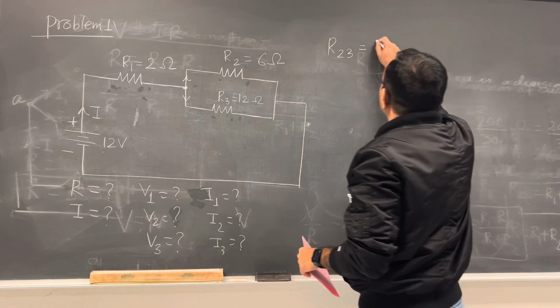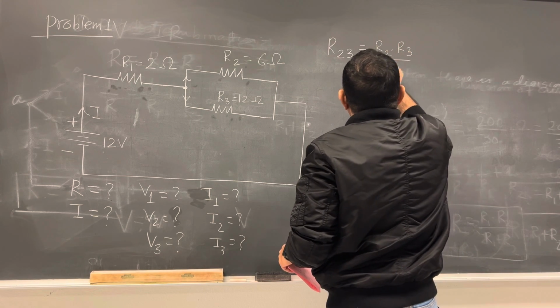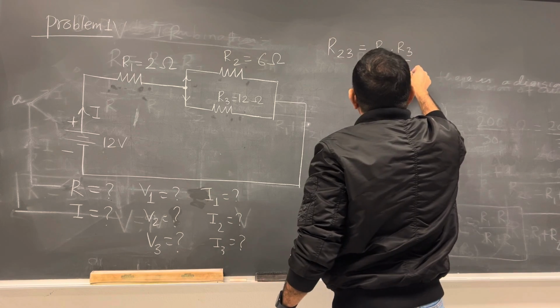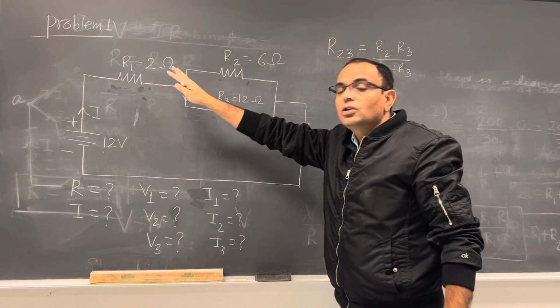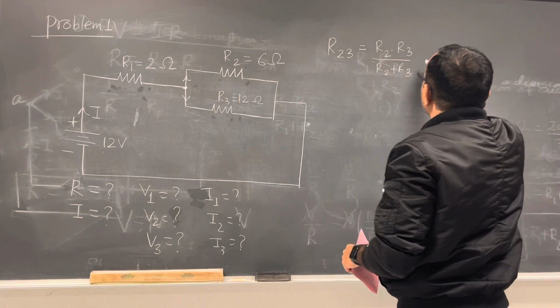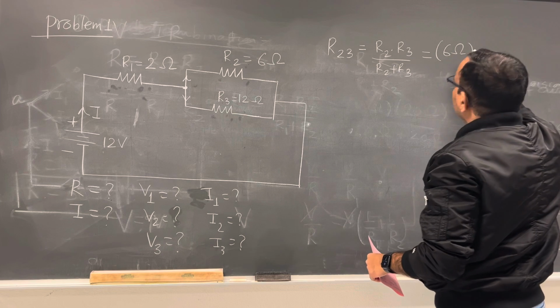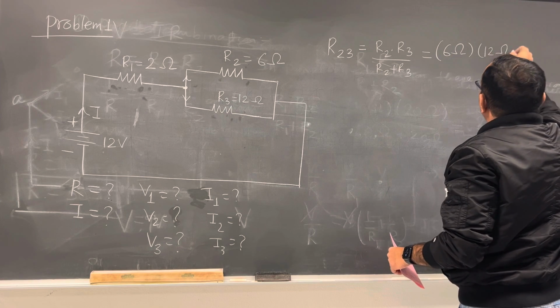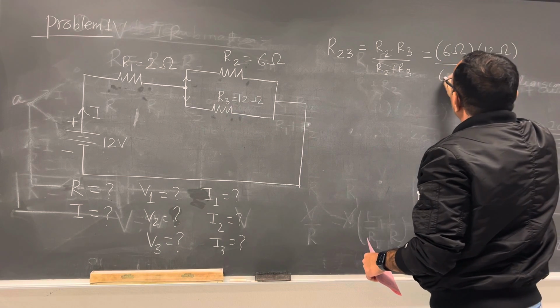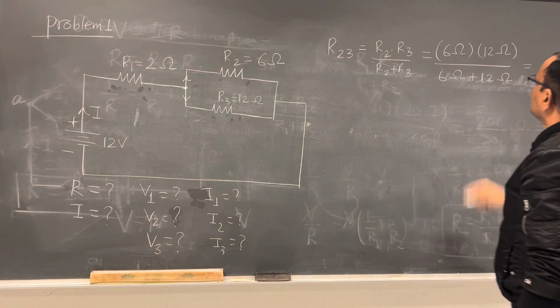So this is equal to R2 times R3 divided by R2 plus R3. Right here only, not the total resistance of the circuit, just the total of these R2 and R3. Now plug in the numbers. R2 is 6 ohm, R3 is 12 ohm, divided by 6 ohm plus 12 ohm, and this is equal to, how much is this?